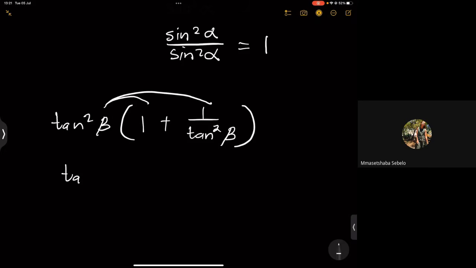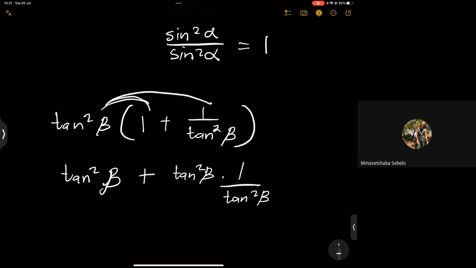So I'll have tan squared of beta, and I multiply that times 1. And now for this one, I'll have tan squared of beta multiplied by 1 over tan squared of beta.